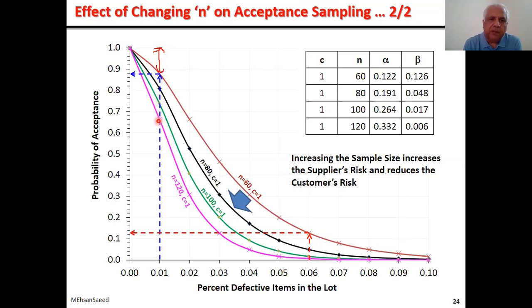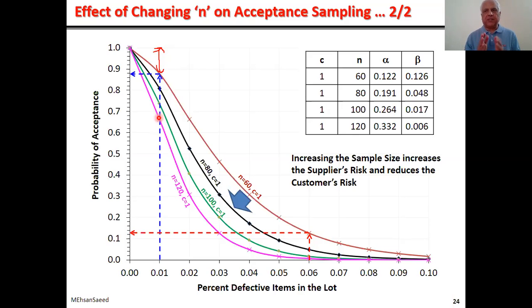And with purple, which is for n is equal to 120, it has increased to this much. So here again, it demonstrates that as the sample size increases, it is to the gross disadvantage of the seller and to the advantage of the buyer.